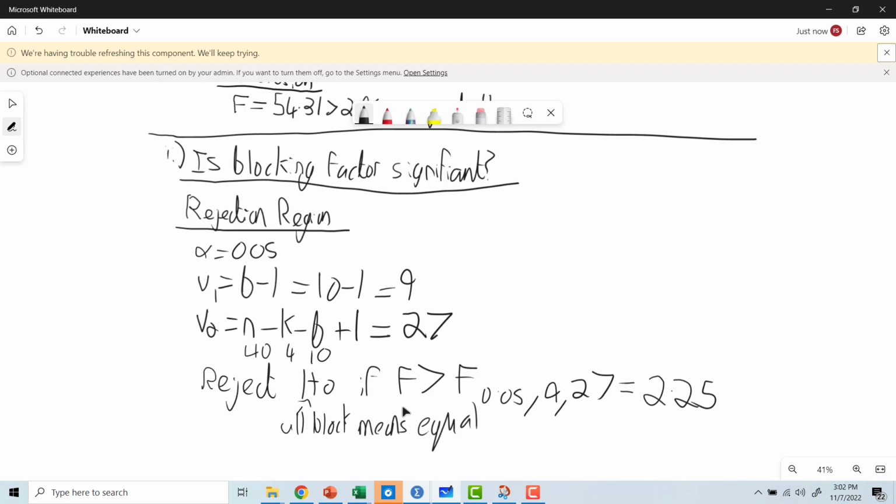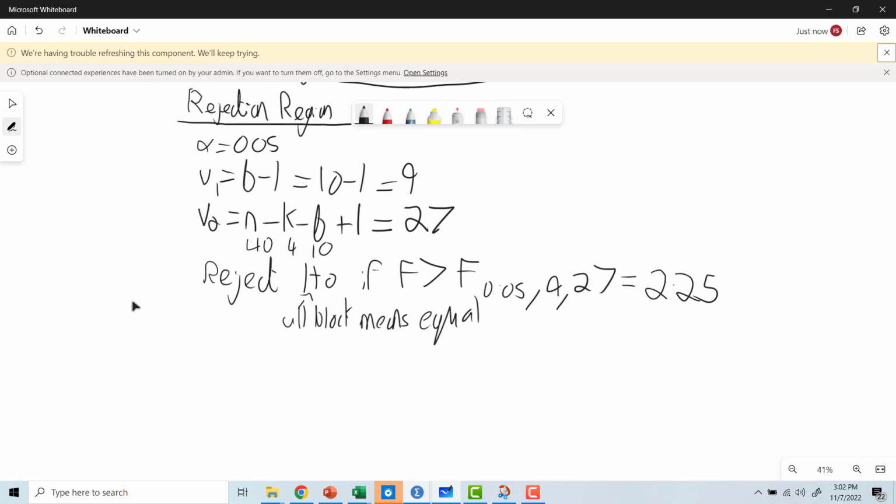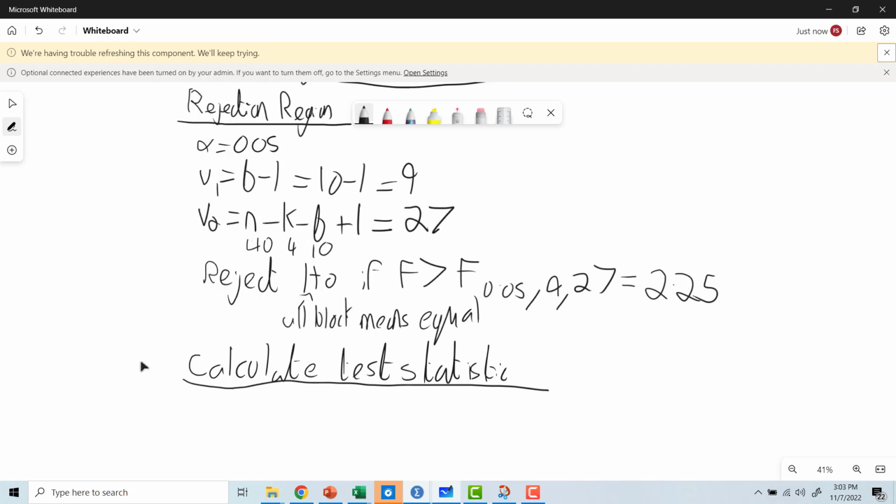Now we can actually check what was in SPSS. In SPSS, we have the calculated test statistic. And this is just going to be F equals the mean squared block all over the mean squared error.